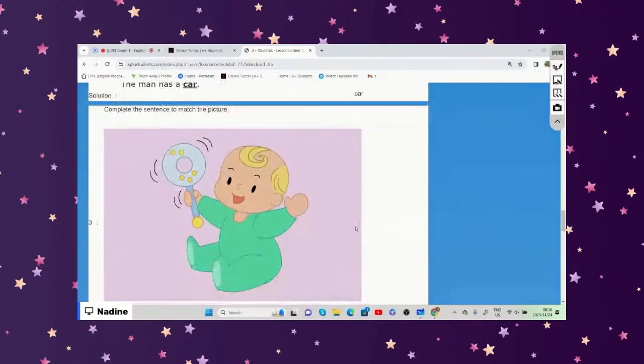If we look at the picture, what do you basically see in this picture? So what can you see in the picture?